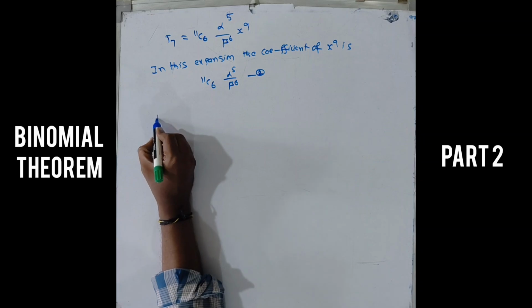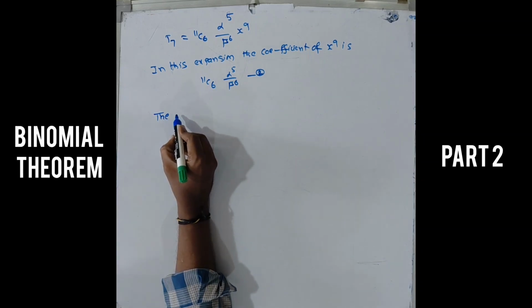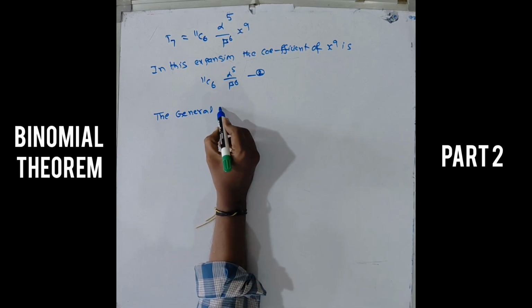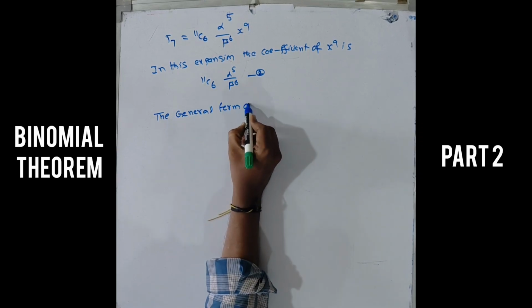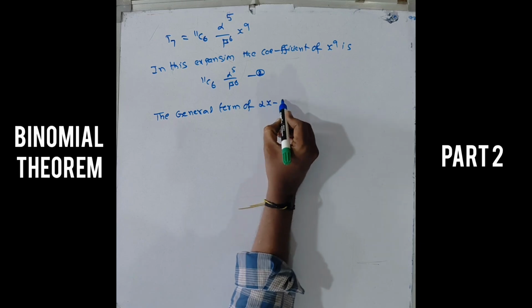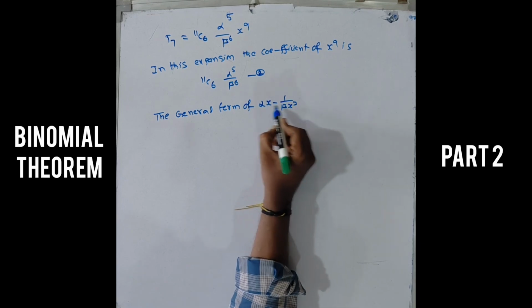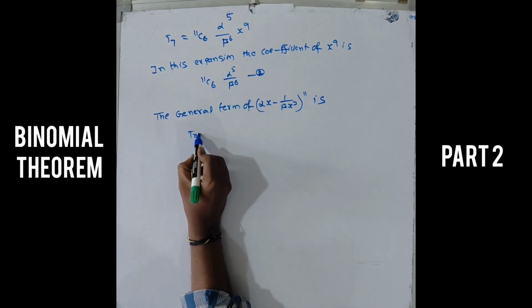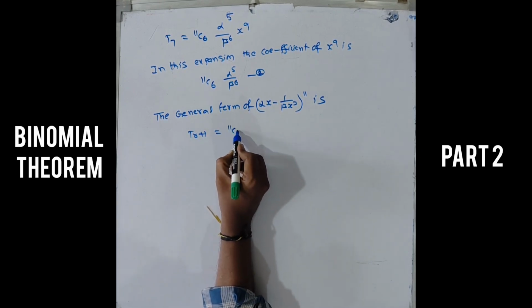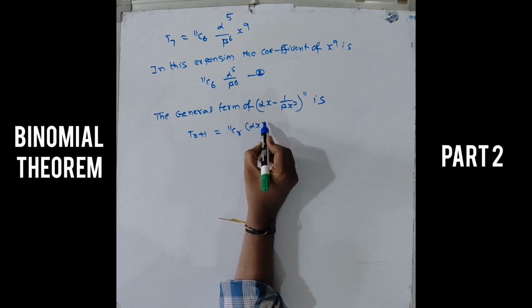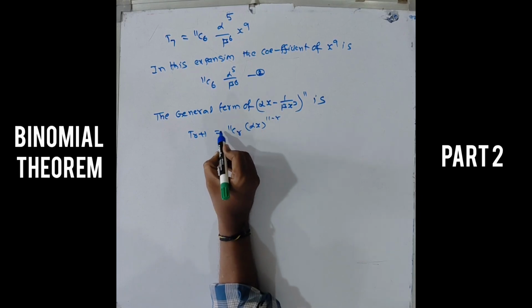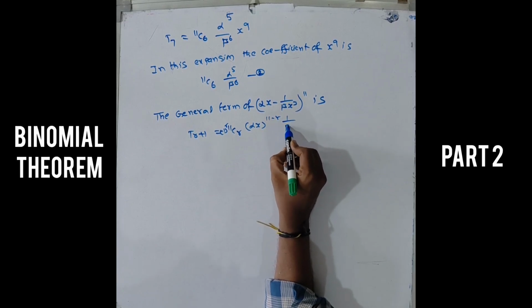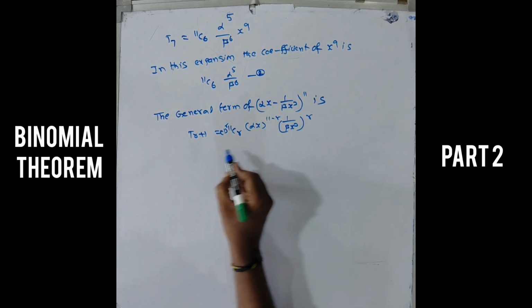Okay, next, another expansion. The general term of (alpha x minus 1 by beta x cube) whole power 11 is T(r plus 1) equal to 11Cr (alpha x) whole power 11 minus r, here having minus 1 power r, (1 by beta x cube) whole power r.